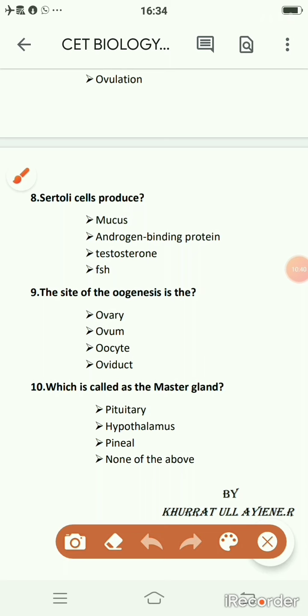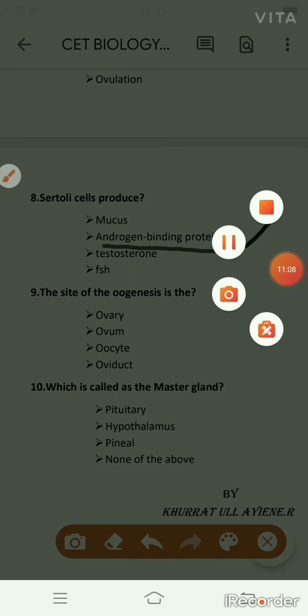It is a glycoprotein, also known as beta globulin, produced by the Sertoli cells in the seminiferous tubules of the testes that binds specifically to testosterone, and this is the right answer. Testosterone definitely not, FSH never be. Okay, let's move on to the next question.